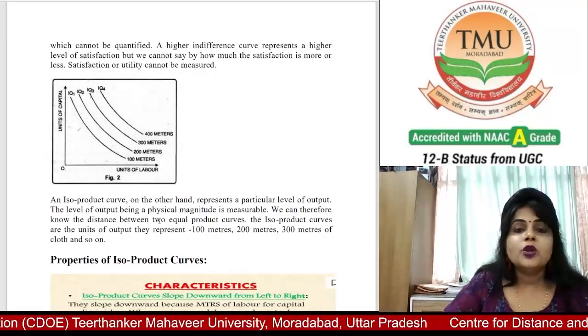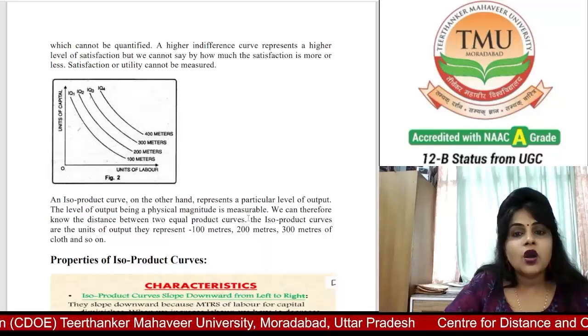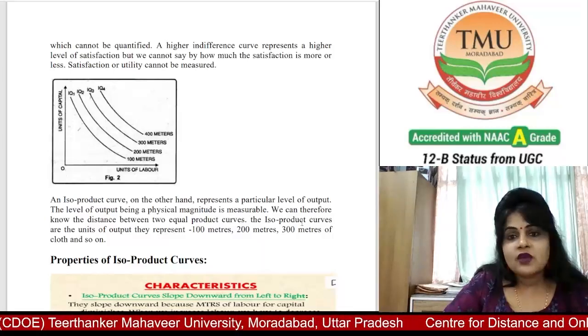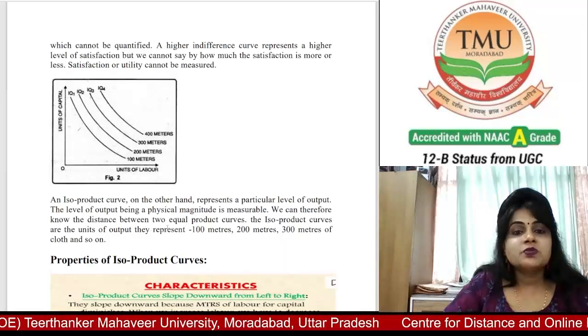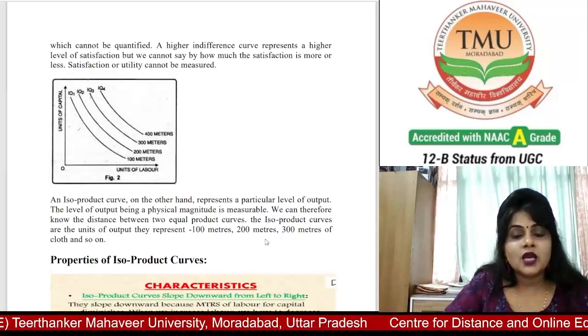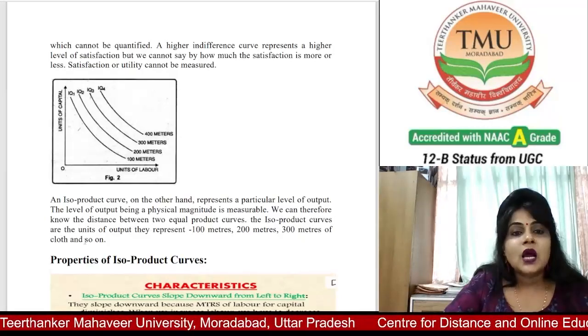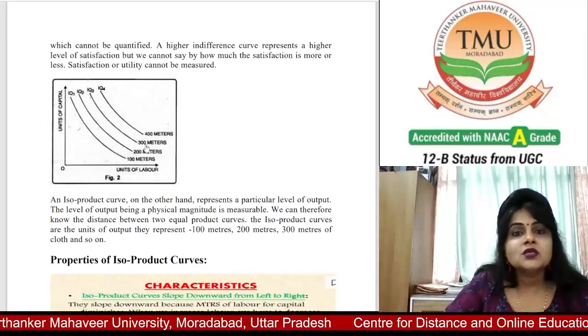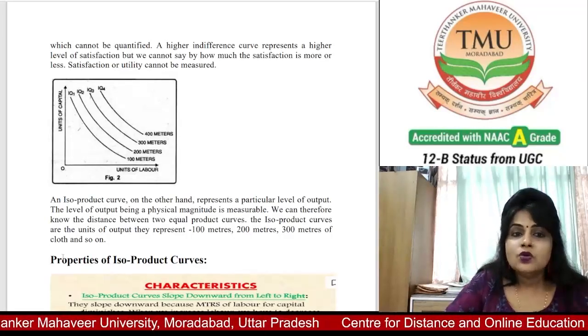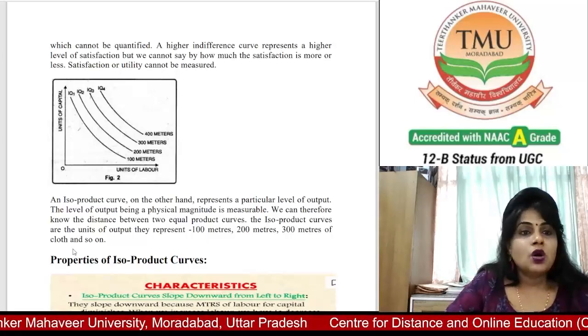The level of output being a physical magnitude is measurable. We can therefore know the distance between the two equal product curves. The isoproduct curves are the units of output. They represent 100 meters, 200 meters, and 400 meters, and so on.